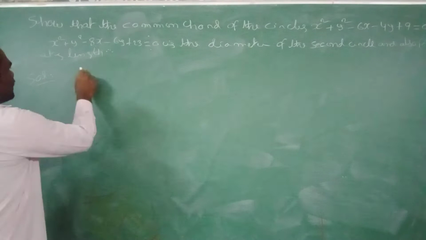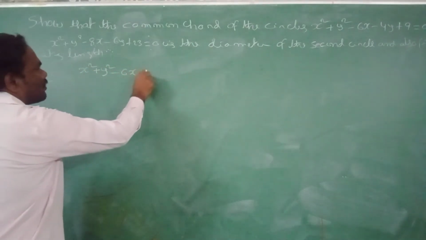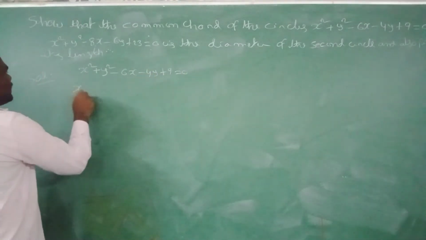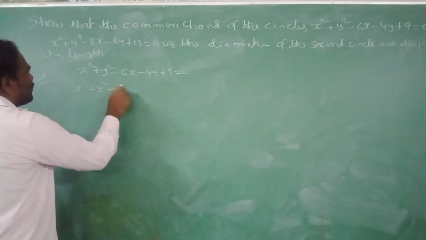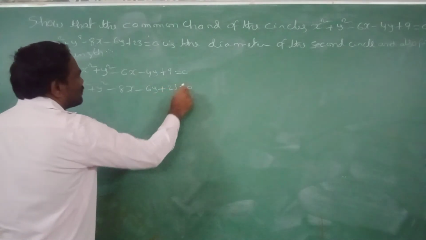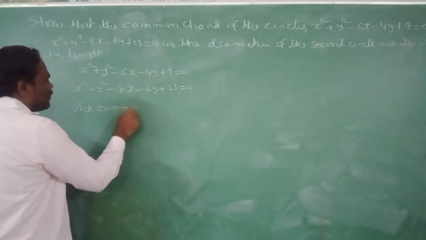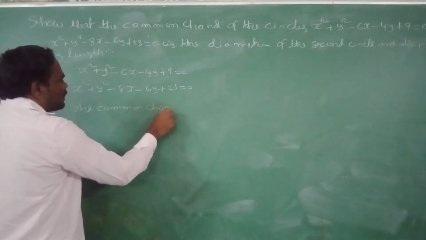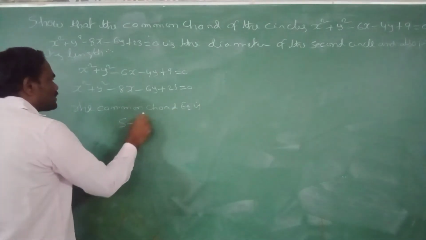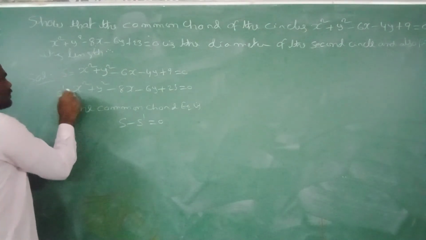Given circles are, first circle equation is x square plus y square minus 6x minus 4y plus 9 is equal to 0. Second circle equation is x square plus y square minus 8x minus 6y plus 23 is equal to 0. The common chord equation is S minus S dash is equal to 0. This is the first circle equation, and the second circle equation is S dash.